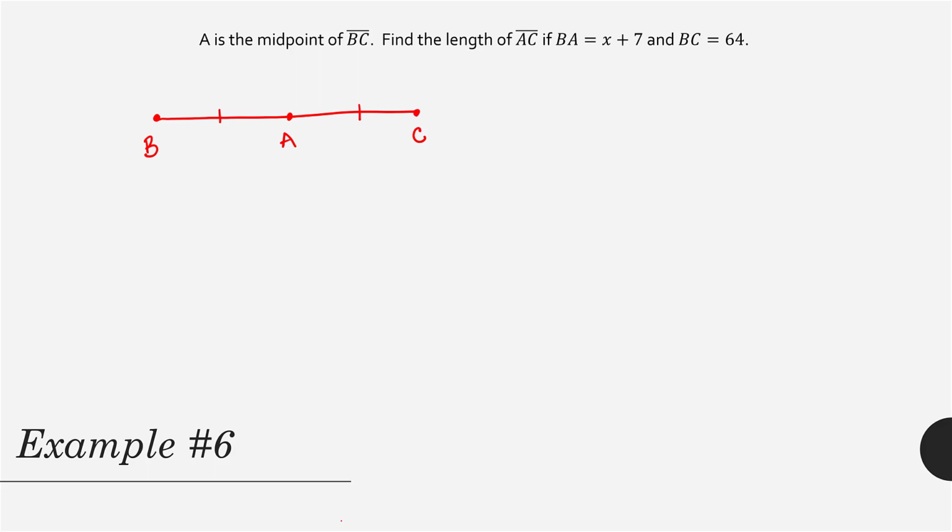Find the length of AC if BA equals x plus 7 and BC equals 64. Okay. And we're looking for this segment length there.